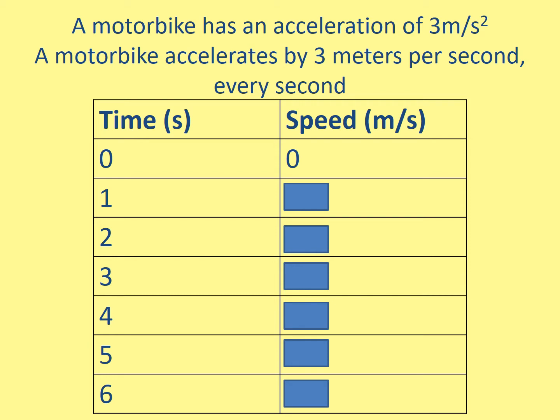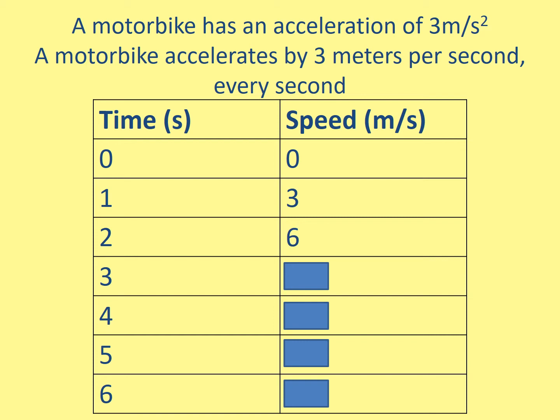So if we assume it starts at 0 seconds, then it's going to have a speed of 0 meters per second. After 1 second, it's going to have a speed of 3 meters per second. After 2 seconds, it's going to have increased its speed by another 3 meters per second, so it's going to have a speed of 6 meters per second.